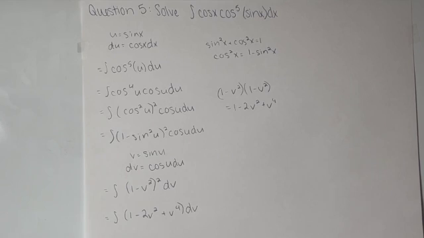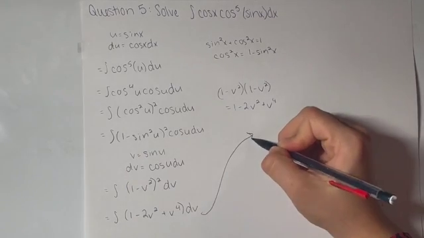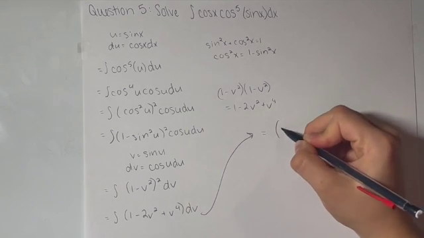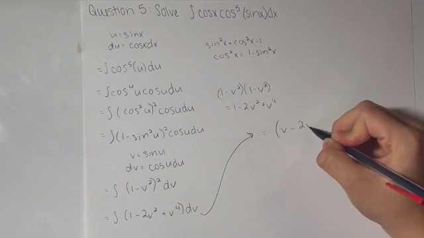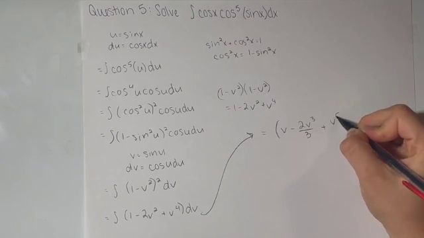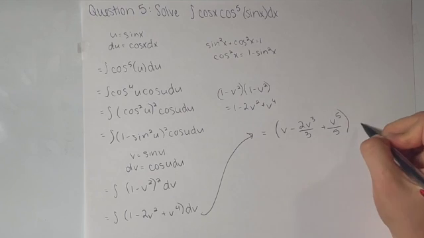From here we can integrate normally, and we get v minus 2v cubed over 3 plus v to the 5th over 5 plus c.